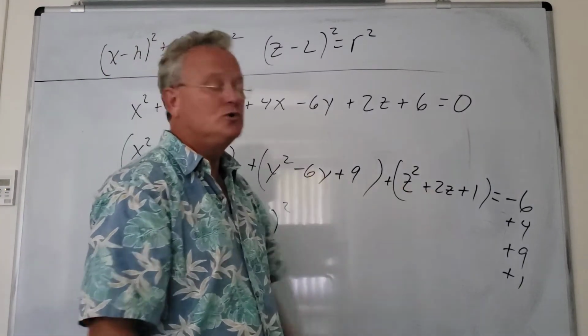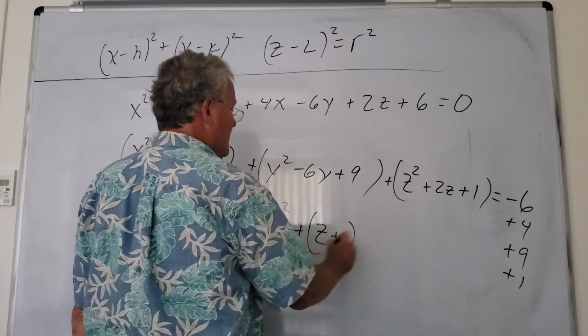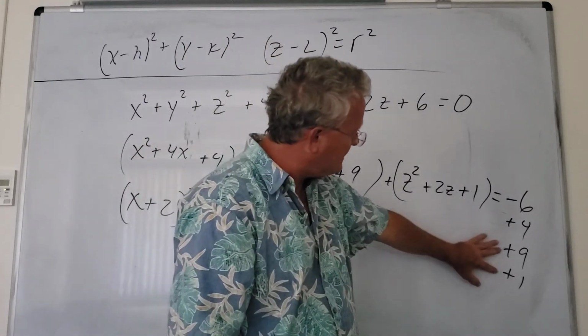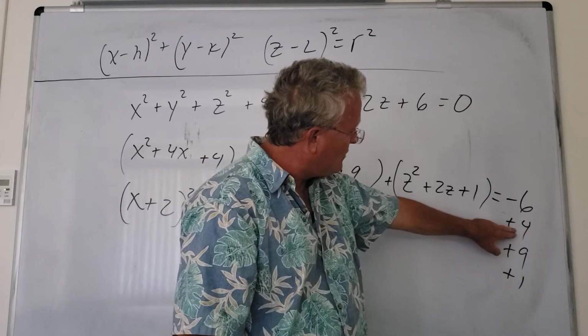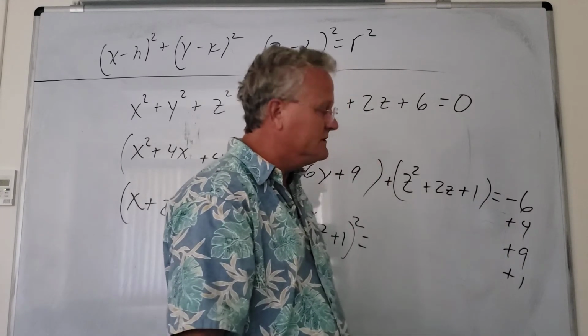And half of 2 is 1, positive 1, so this is z plus 1, quantity squared. And when we add these numbers, what do we get? We get 10 and 4, we get 14, minus 6 is 8.